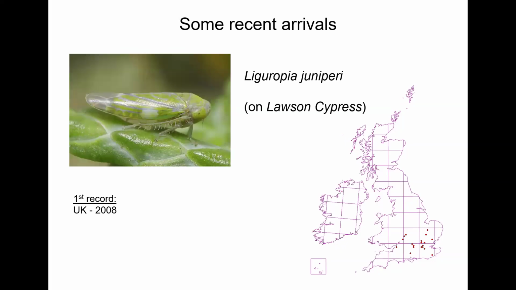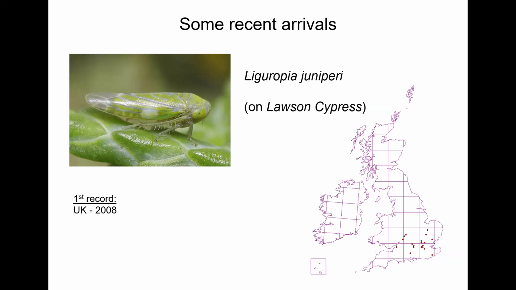And then lastly, I put this one in as another recent arrival for people to look out for if you are located in Leicestershire and Rutland. First recorded in 2008, again in the London area. Most of these new arrivals seem to appear first in London and then spread out from there.